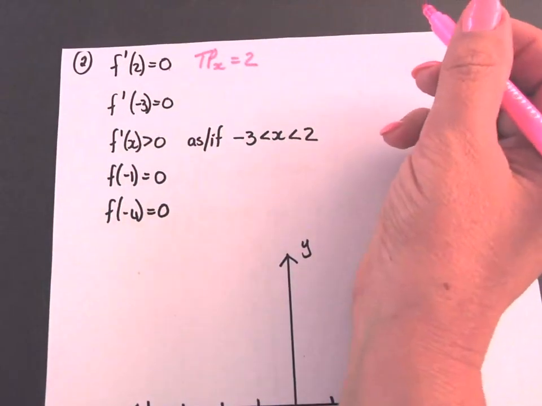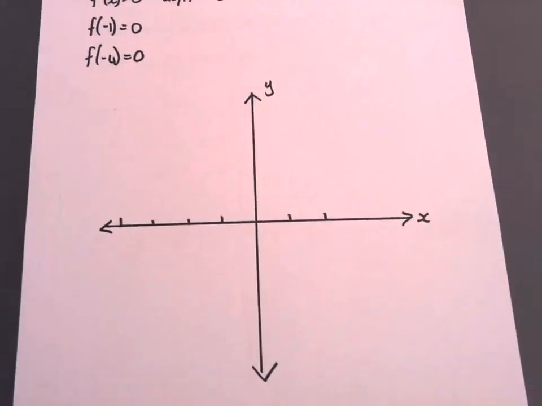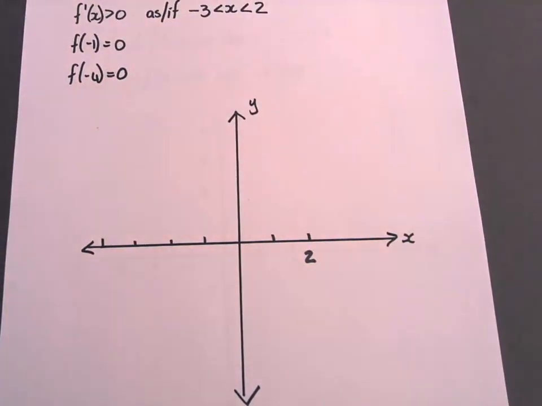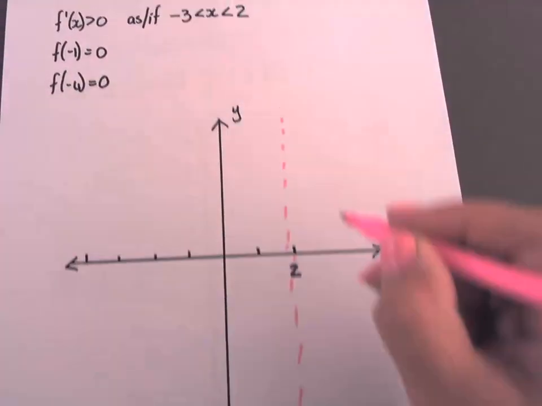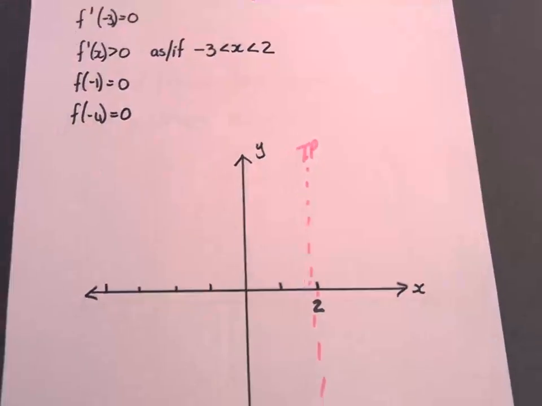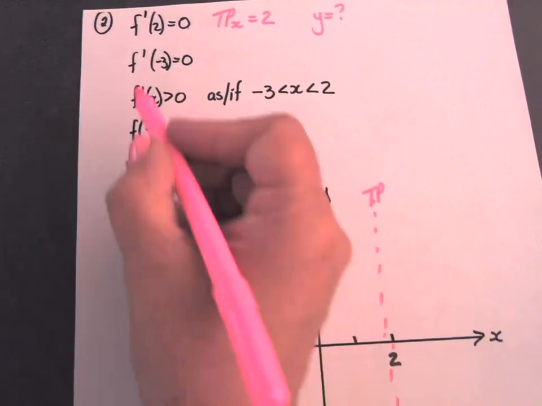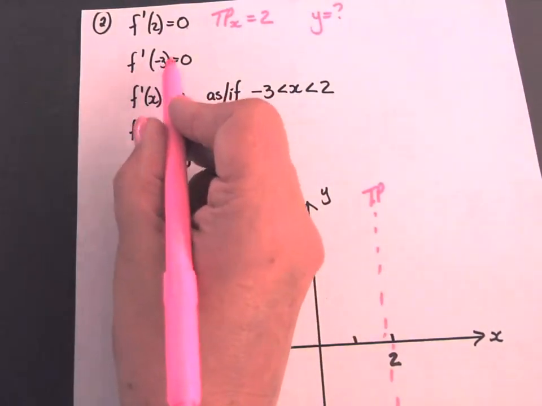Do we know what the y value is? No. So we know that we can draw a line at 2. That is my turning point line. And does this graph have to be to scale? No, not at all.